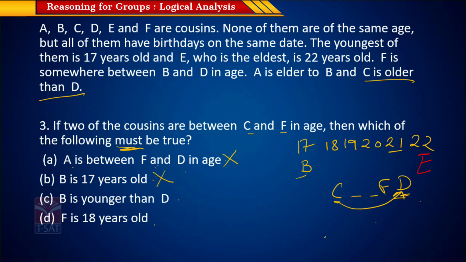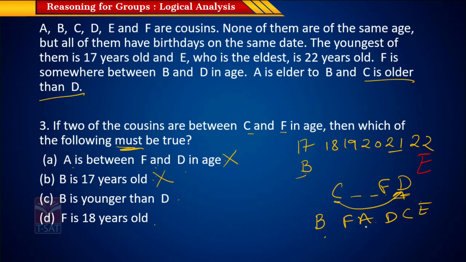So let's see if B is younger than D. We can say that B is here. We have F, then we have D, we have C and A and E. This is a possibility, it can be true, but can we rearrange it such that B is not younger than D, and see if that's a possible combination?